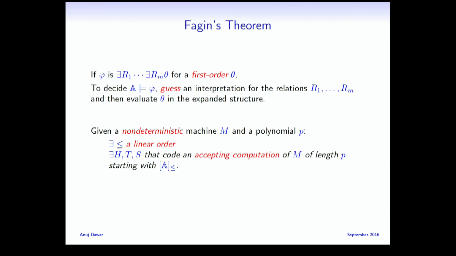You write down the axioms which ensure that when this is interpreted in a structure A, what it is saying is that the initial state represented by these relations on its tape has exactly the representation of the structure in which it's interpreted. And the point is, again, because the length of the computation is bounded by a polynomial, this can all be coded in relations of fixed arity, and you just have to state, in first-order logic, that from one time instance to the next, it's a consistent computation.